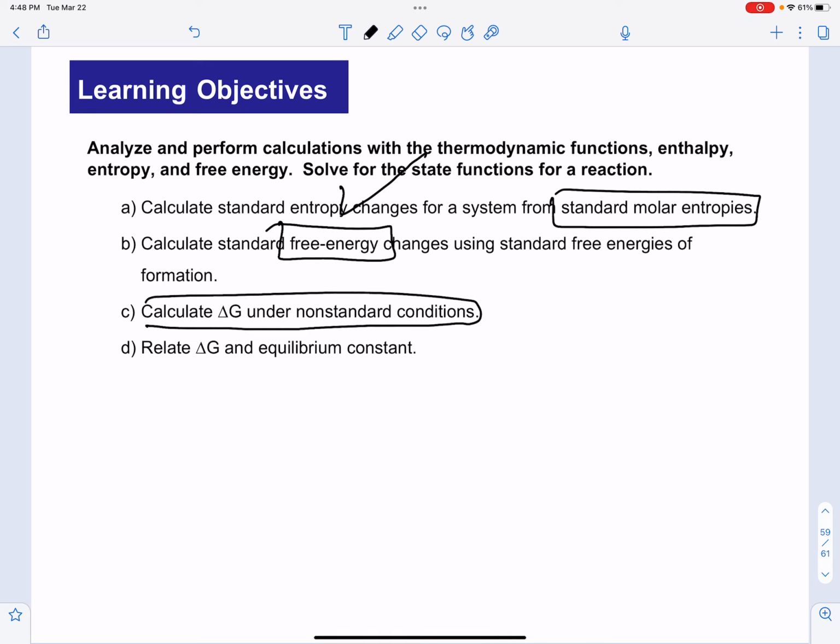Delta G equals delta G standard plus RT ln Q. You know how to do Q already. And then we saw how we can relate Gibbs free energy, or delta G, to the equilibrium constant, where we have delta G standard equals minus RT ln K. So several ways now, or at least one more way, to find the equilibrium constant.